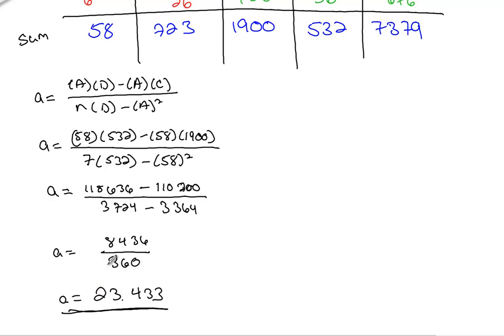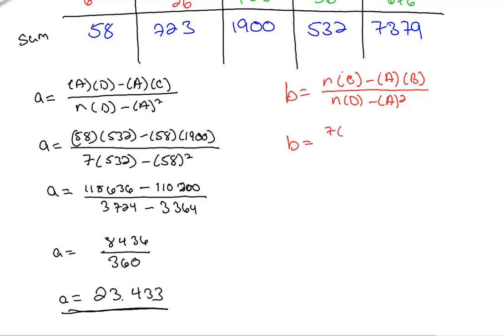And I get to do the same thing for my B value. Recall that B was N times column C minus column A times column B divided by N times column D minus column A squared.